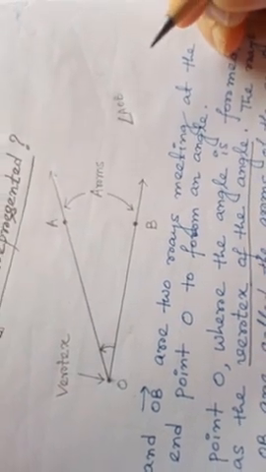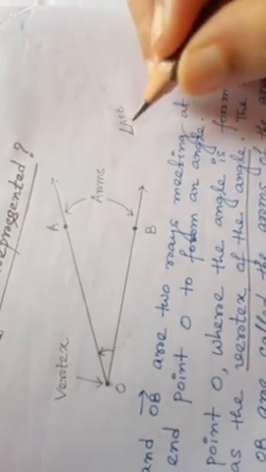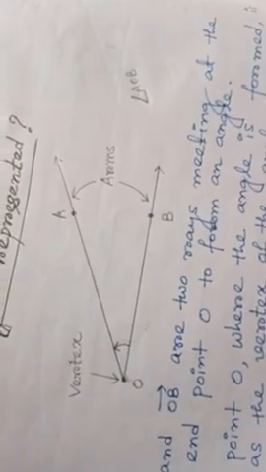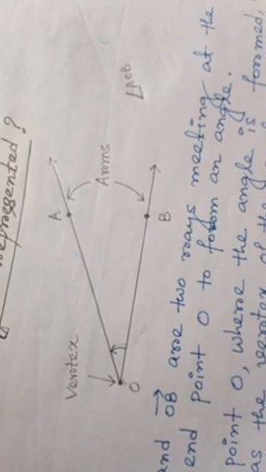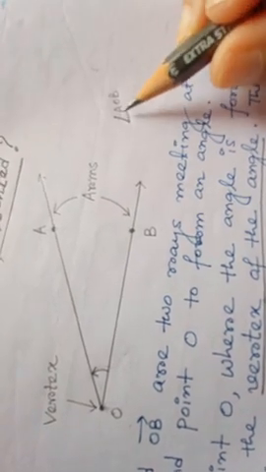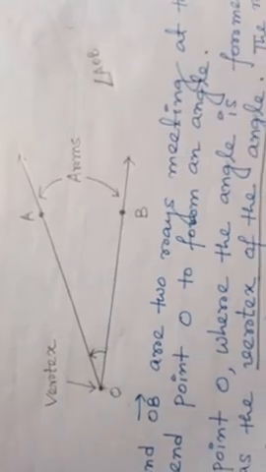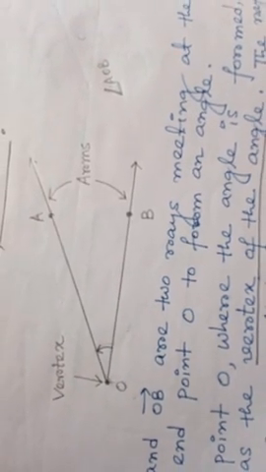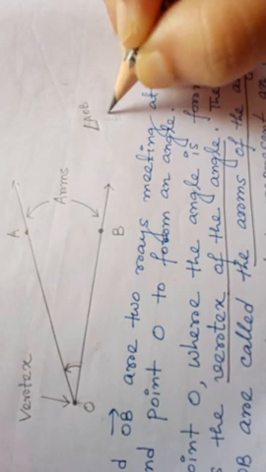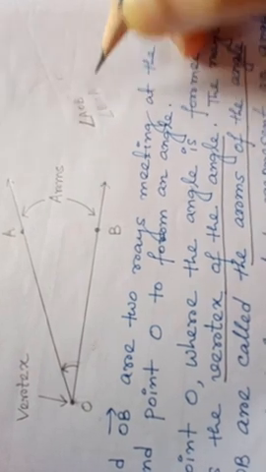You can read the angle this way, angle AOB, or when you write, you can use this symbol and then AOB. Or you can write angle BOA.